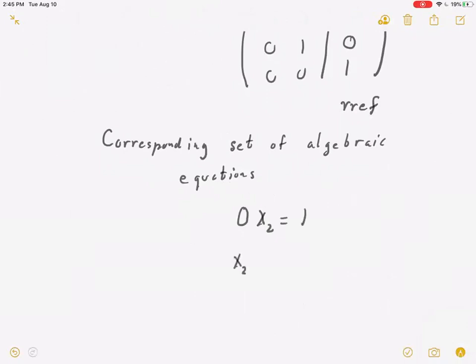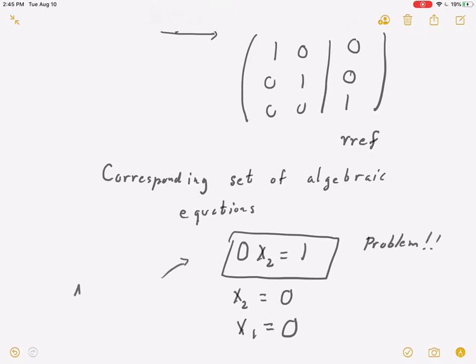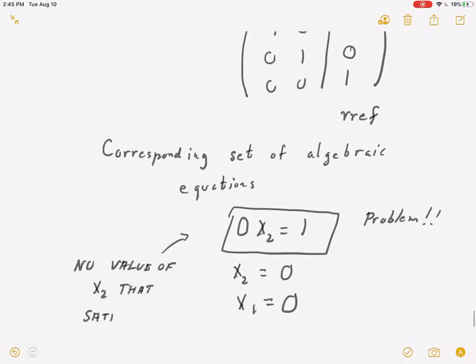X sub 2 times 1 is 0. And x sub 1 is 0. And you see that the first of these is a problem. There is no value of x sub 2 that satisfies the first equation. So there's no value of x sub 2 that satisfies this equation.